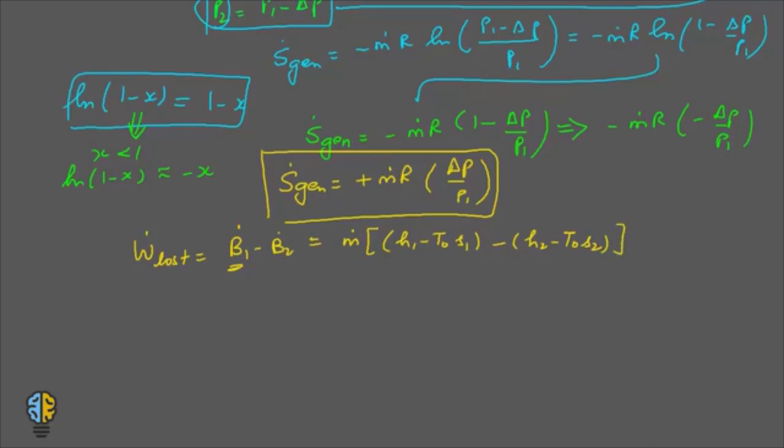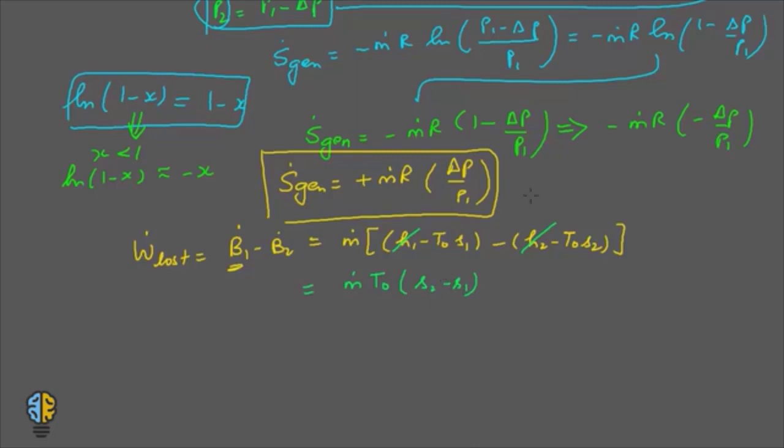Now we know that h1 and h2 are the same, so they'll cancel off. So the only thing left is m dot into T naught into s2 minus s1.